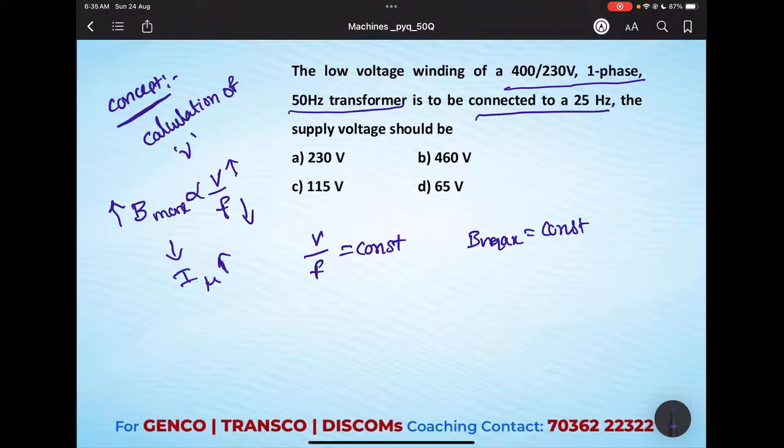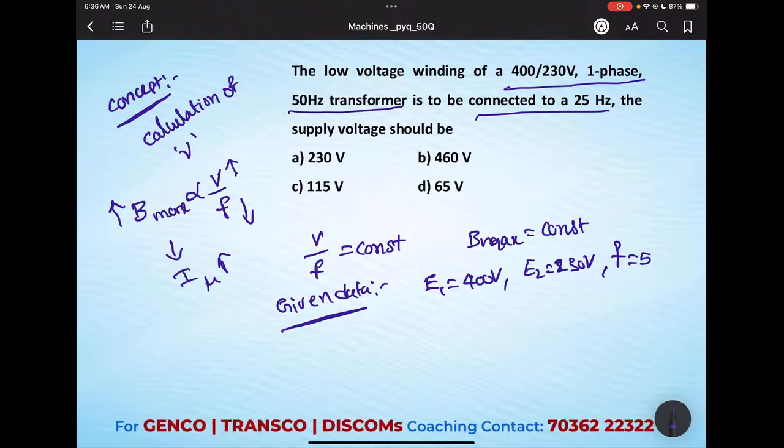Clear? So what is the given data? Initially the transformer is designed for E1 equal to 400 volts, E2 equal to 230 volts, frequency 50 Hz. Let's take that as F1.